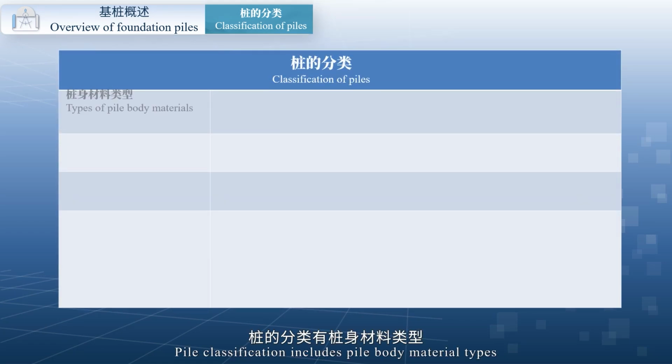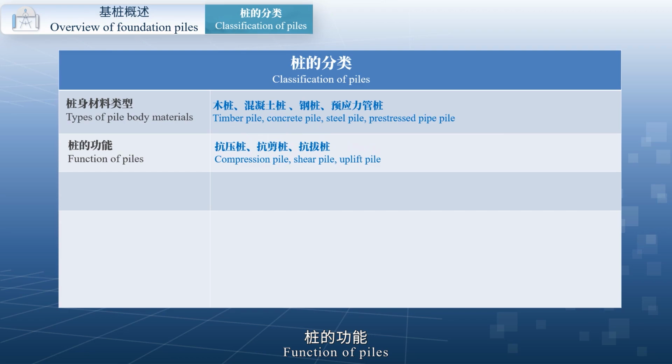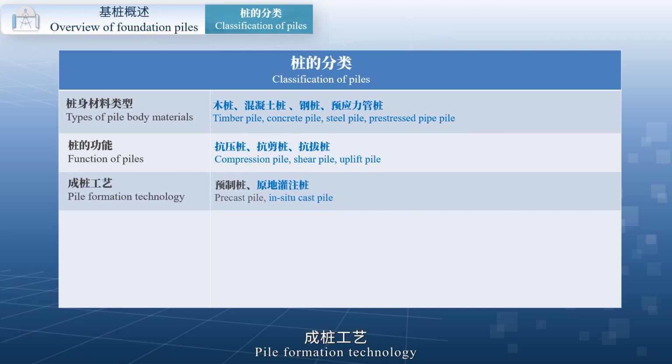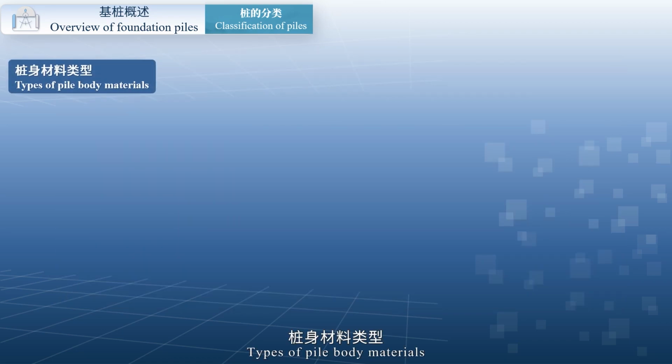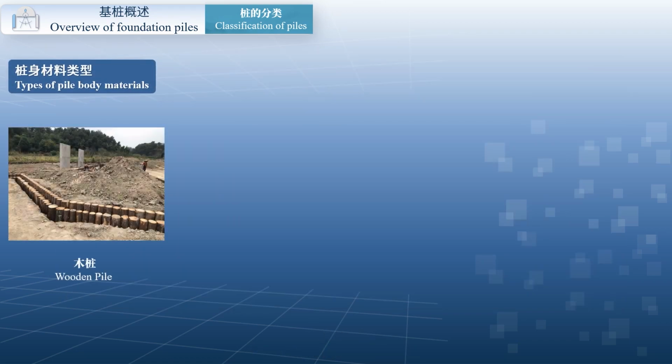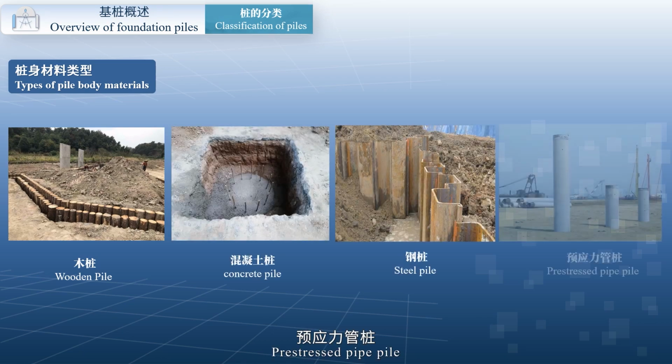Pile classification includes pile body material types, function of piles, pile formation technology, and form of pile-soil interaction. Below, we will explain them one by one. Types of pile body materials: wooden pile, concrete pile, steel pile, pre-stressed pipe pile.